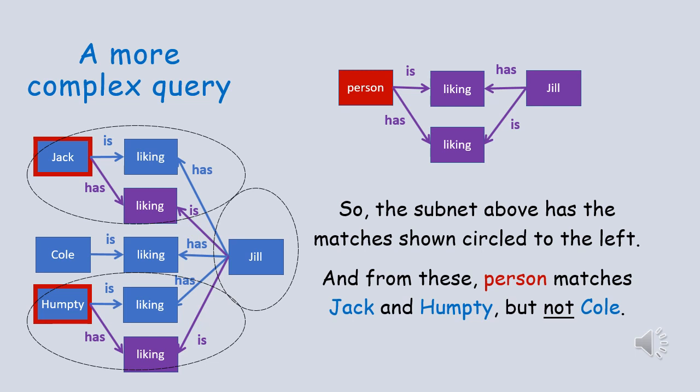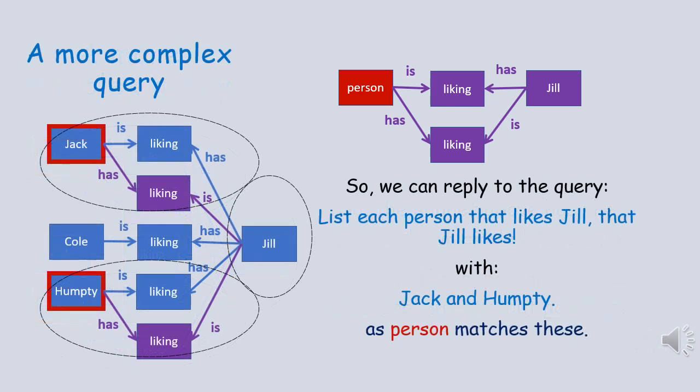So, the subnet above has the matches shown circled to the left, and from these, person matches Jack and Humpty, but not Cole. So we can reply to the query, "list each person that likes Jill that Jill likes", with Jack and Humpty, as the wildcard node person matches these.